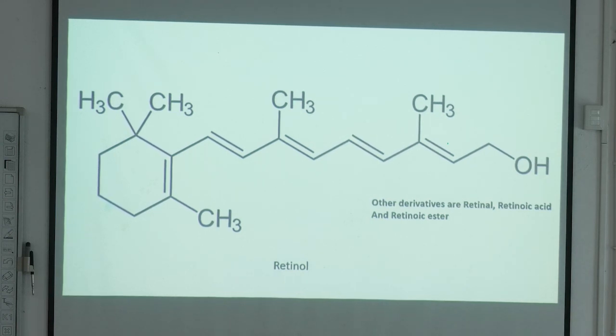The retinol, the alcohol, reacts with other acids, say fatty acids, and forms an ester. That is called retinyl ester. This retinyl ester is stored in the liver, in the stellate cells of the liver, and it is released when it is required. Let us go to the next step.